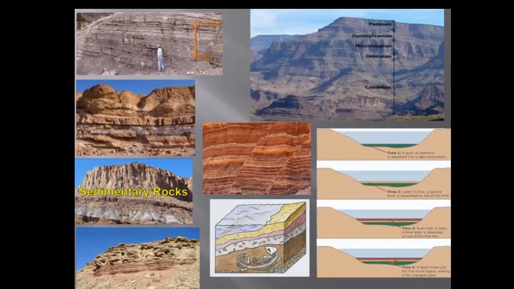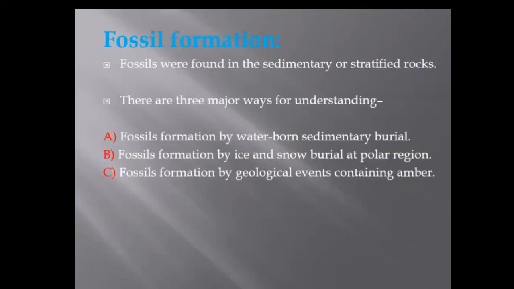There are three ways of the formation of the fossils: fossil formation by waterborne sedimentary burial, fossil formation in ice and snow burial at the polar region, and third one, fossil formation by geological events containing the amber.